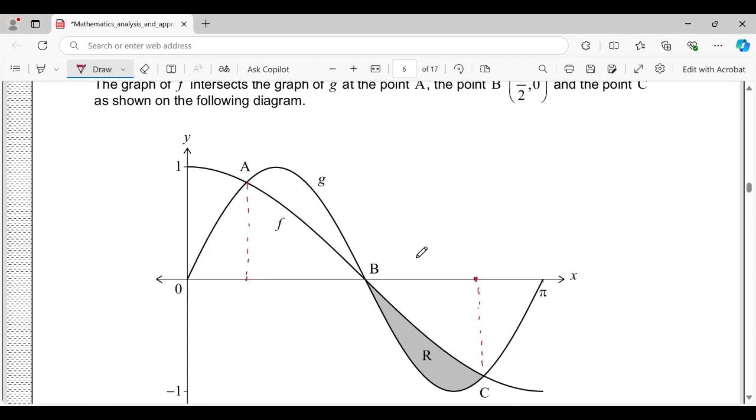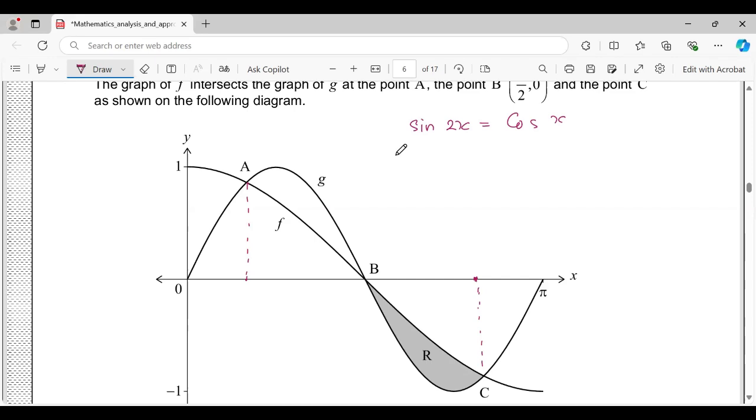Okay, because they have a common coordinate point. It means sine 2x equals cosine x.